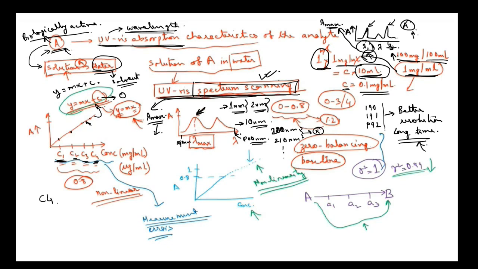If it does not pass through 0, it means that there will be some intercept, and that means that at concentration equal to 0, you are getting some absorption.